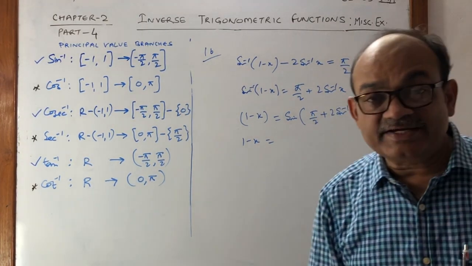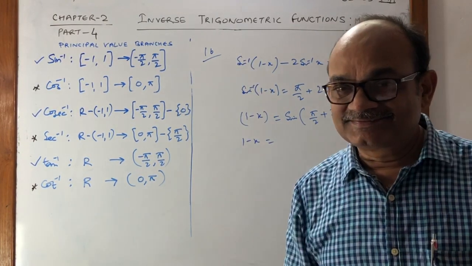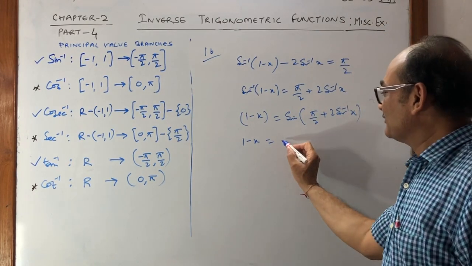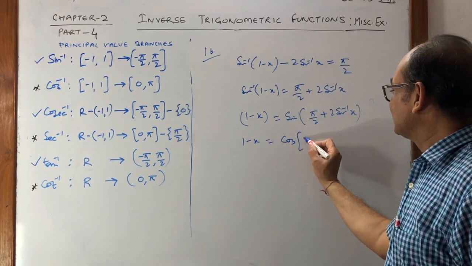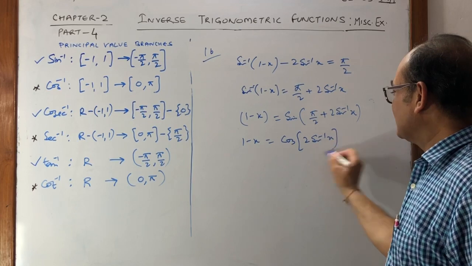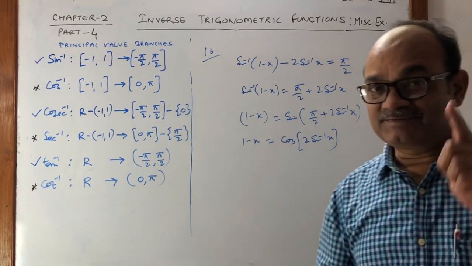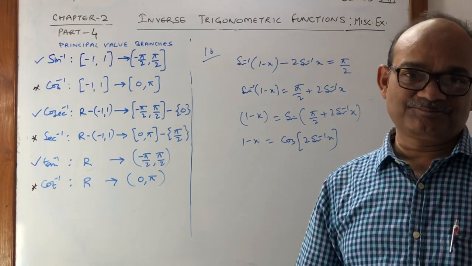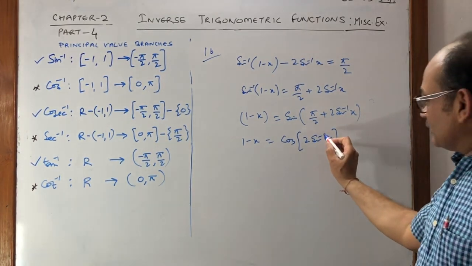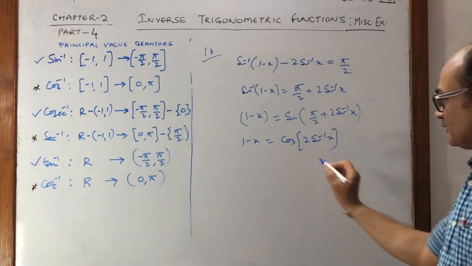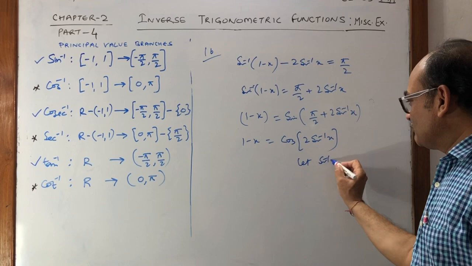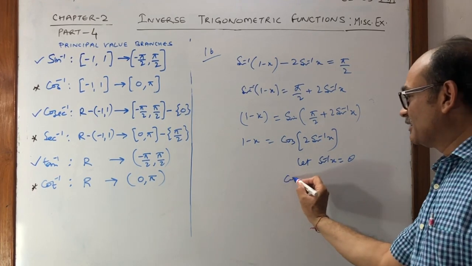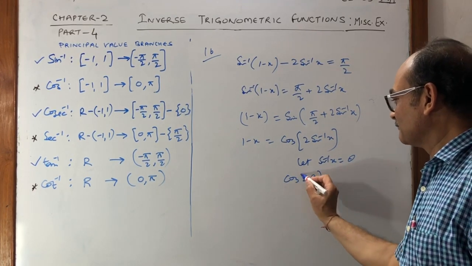What is the value of sine 90 plus theta, class 10th? Sine 90 plus theta is cos theta. So it is cos 2 sine inverse x. If we suppose sine inverse x is theta, then it will become cos 2 theta.